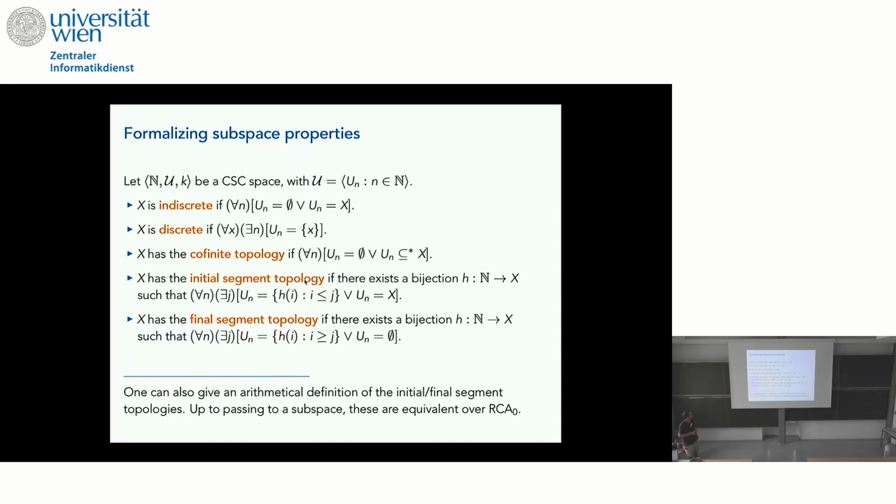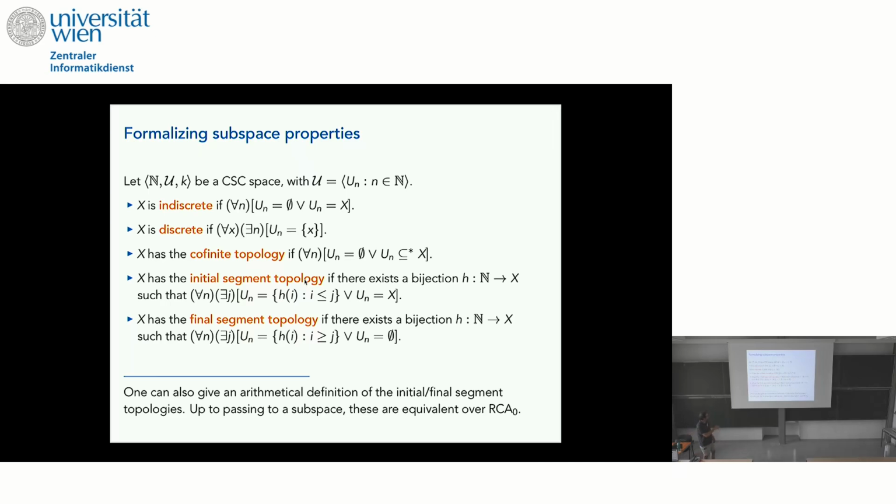Where it becomes interesting is with respect to the initial segment and final segment topologies. Here's the definition we'll use, the strongest definition on its face that you can think of. X has the initial segment topology if there actually is a homeomorphism, a bijection h from the naturals to X, so that each U_n is equal to the image of an initial segment of the natural numbers, 0 to h of j for some j, or of course it could be the full set.